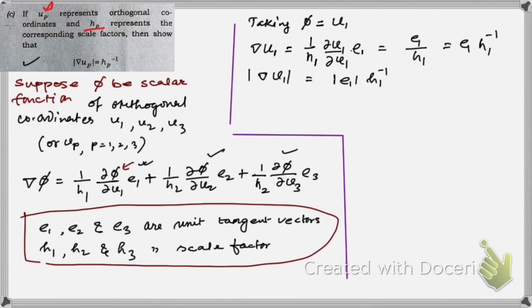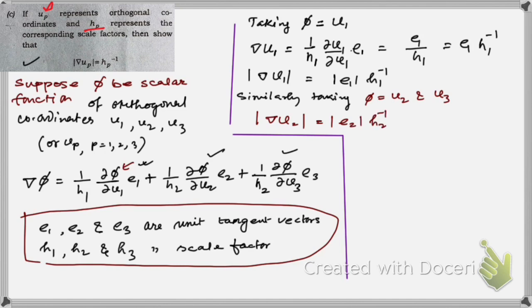So here you see, similarly taking phi equal to u2 and u3, we get that mod of grad u2 is equal to mod of e2 h2 inverse, and we will get mod of grad u3 equal to mod of e3 h3 to the power minus 1.